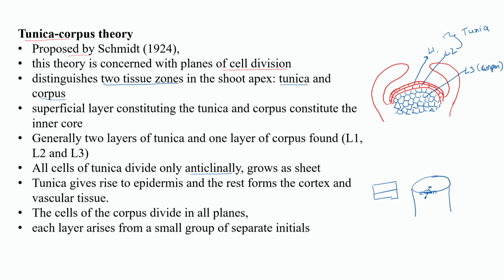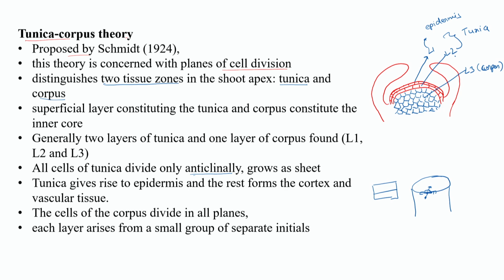Two layers of tunica are generally found in most of the plant types which have been studied. Both L1 and L2 divide anticlinally, so they will increase the surface and form a sheet-like outer covering. Naturally the destiny of the L1 layer is that it will give rise to epidermis.